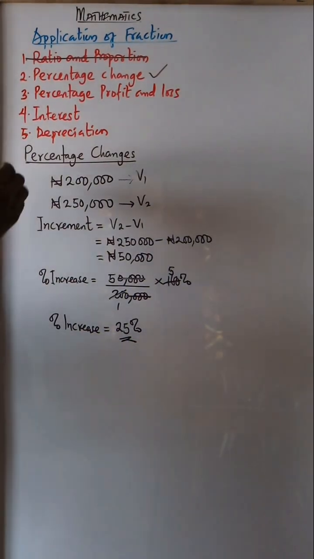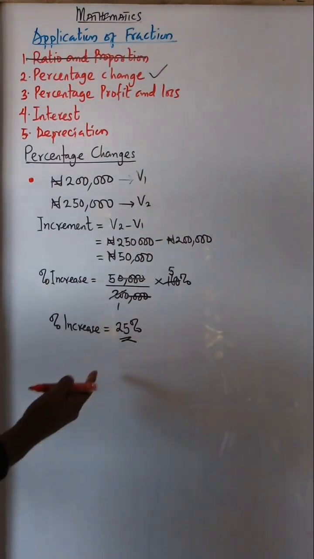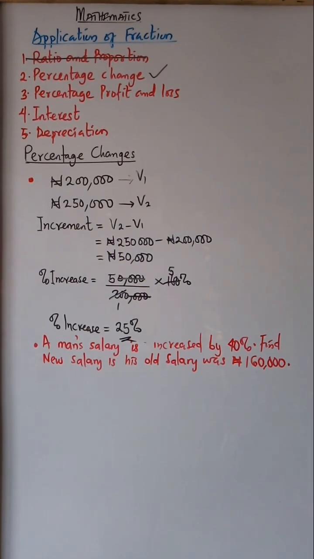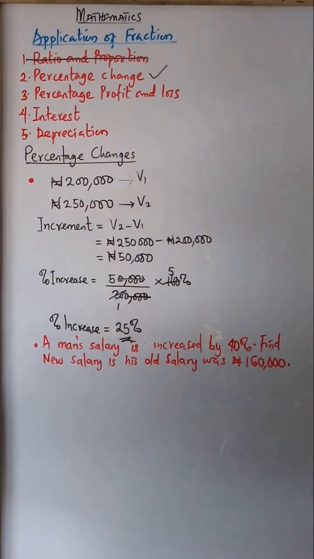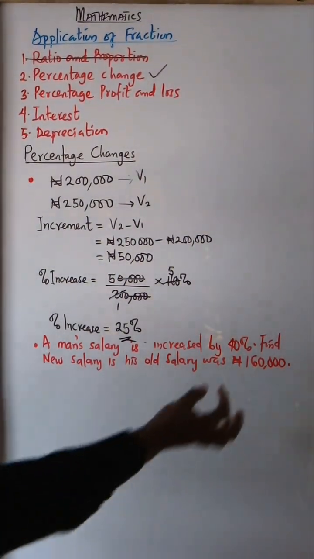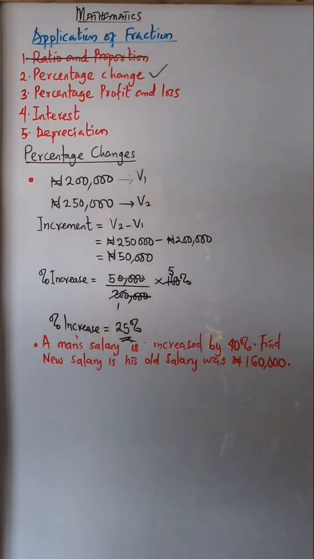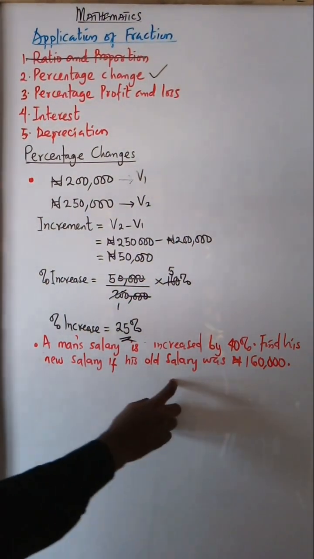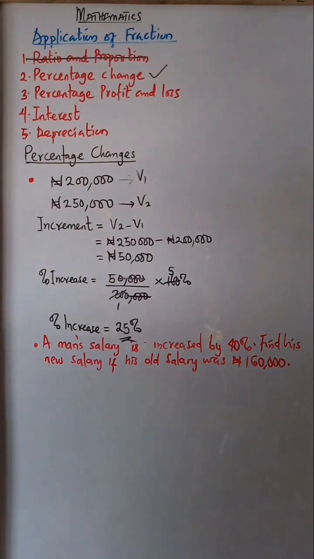So in this case, we are given the initial value and the final value to look for the percentage increase. Sometimes you can be told to look for the new value. For example, now a man's salary is increased by 40%. In this case, we are given a percentage increase. Find his new salary, if his old salary was 160,000.